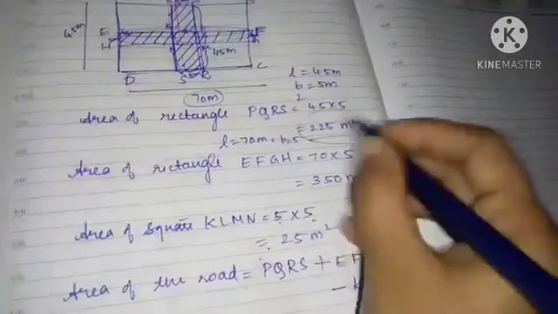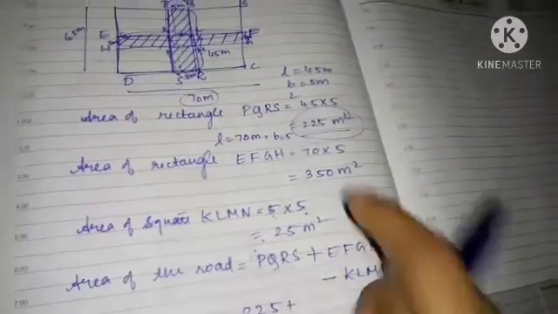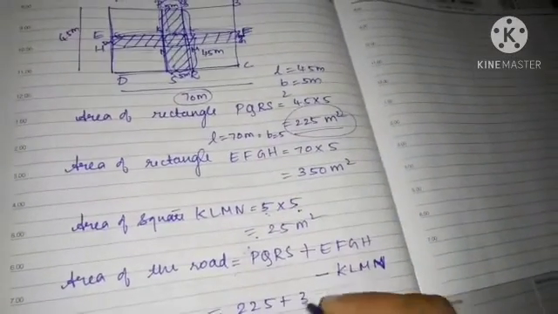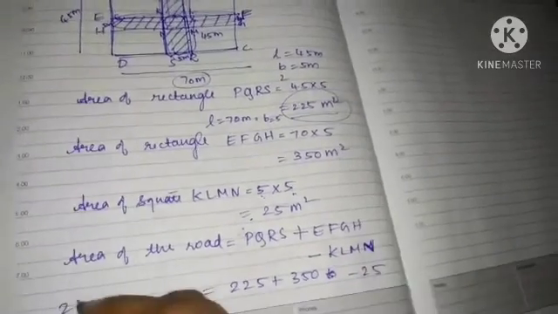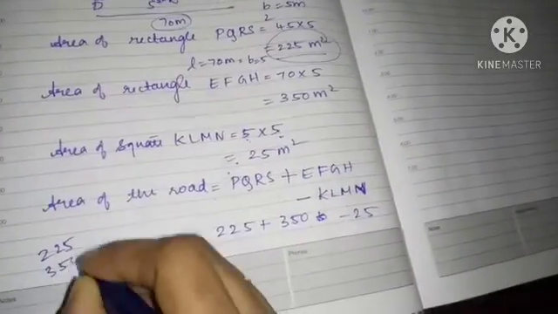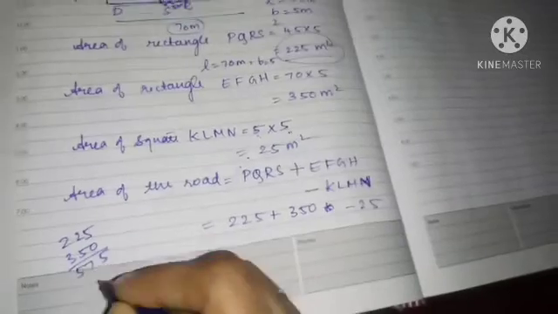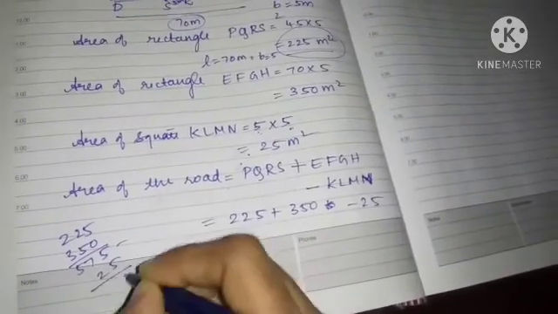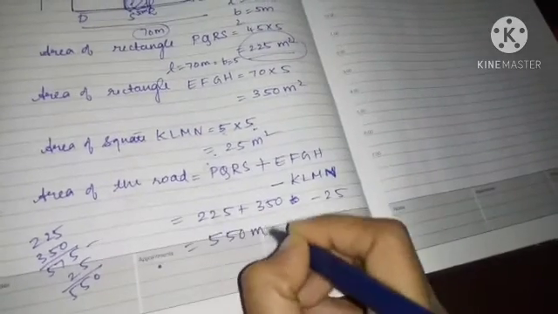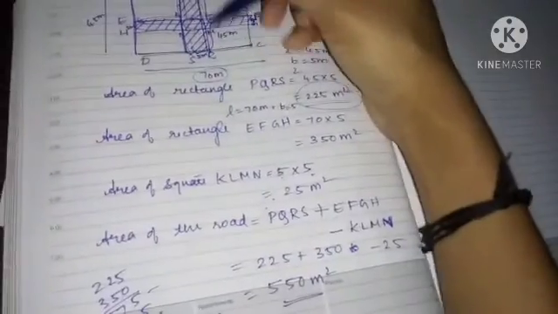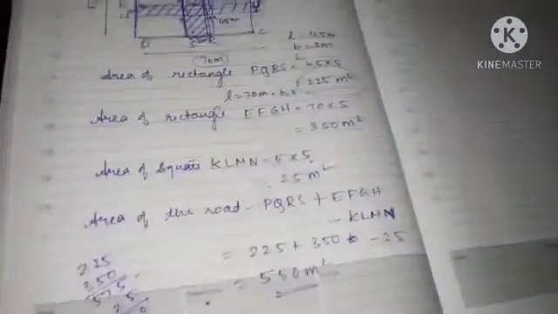PQRS area 225 plus EFGH 350 minus 25. 225 plus 350 is 575, minus 25 is 550. So area is 550 meter square. So area of this road is 550 meter square.